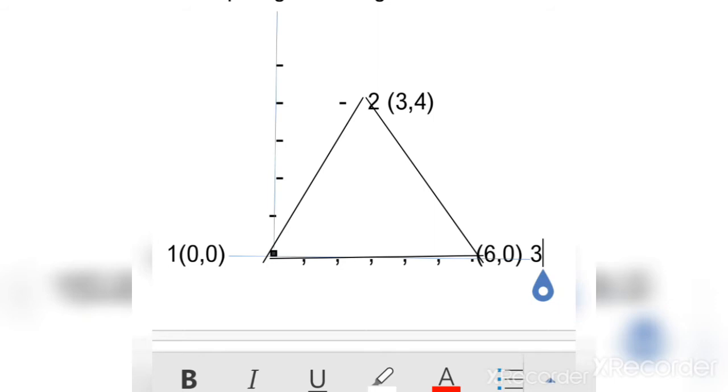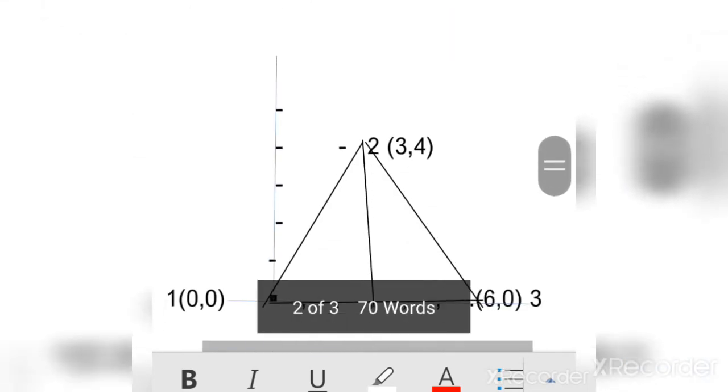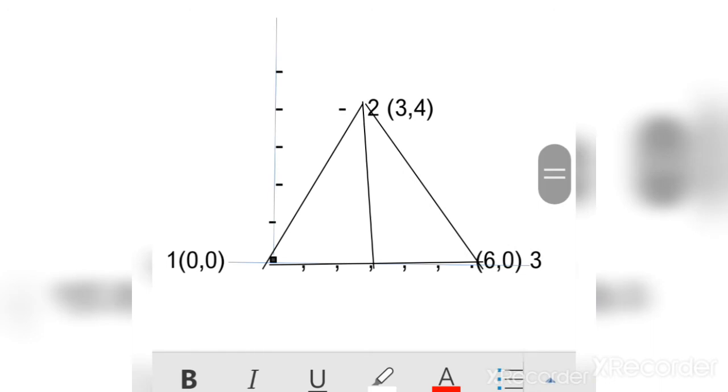And it will look like this. So this line forms two congruent triangles. Since they are congruent, that means they have the same base length and height. Therefore, they will also have the same measurement in their hypotenuse.